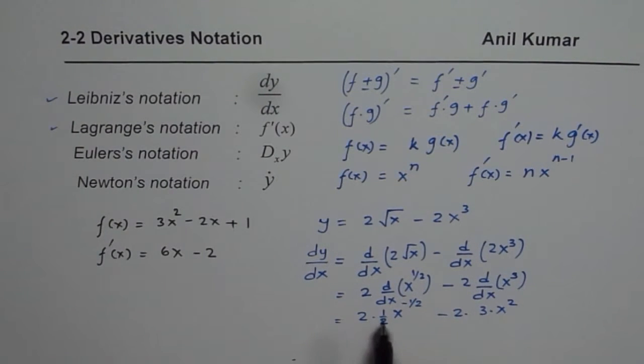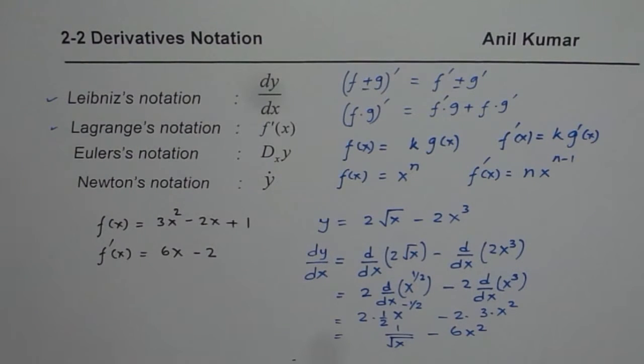Now we can simplify this a bit. 2 divided by 2 is 1. X to the power of minus half you could write as 1 over square root of x, right? Minus 3 times 2 is 6x squared. So that becomes the derivative of the given function. Do you see that? So these are the steps involved.